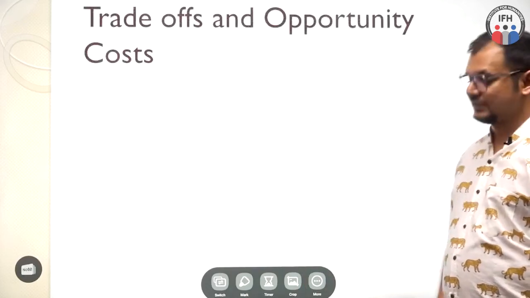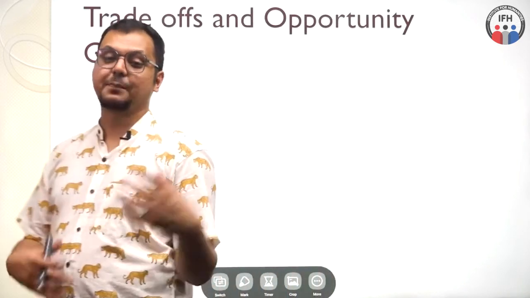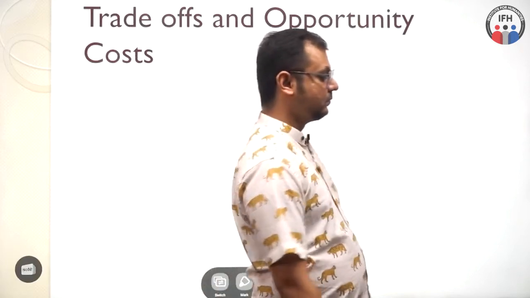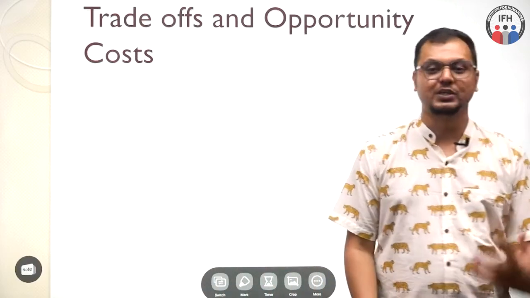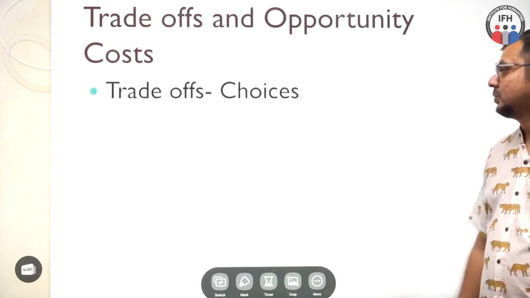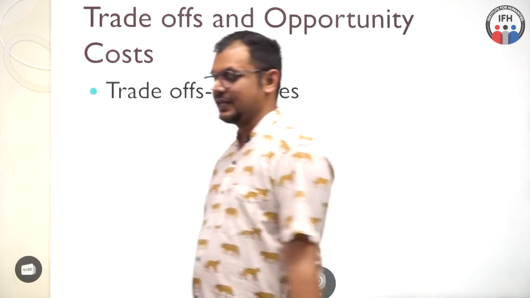The next concept that we come to, which I want you to again think about, because it keeps popping up in various parts of this course, is on trade-offs and opportunity costs. Trade-offs essentially implies that because there are various choices, there have to be trade-offs.